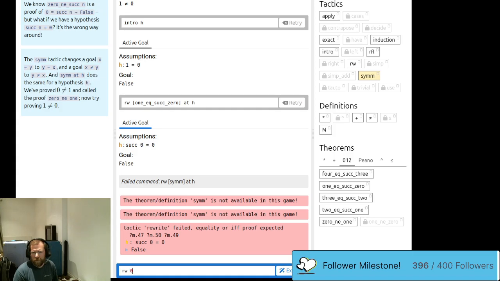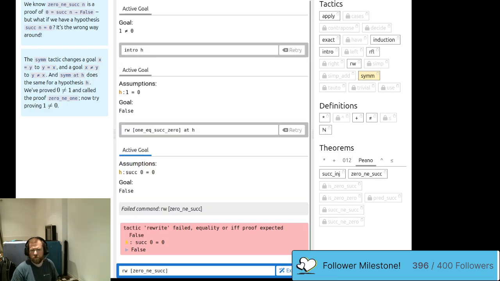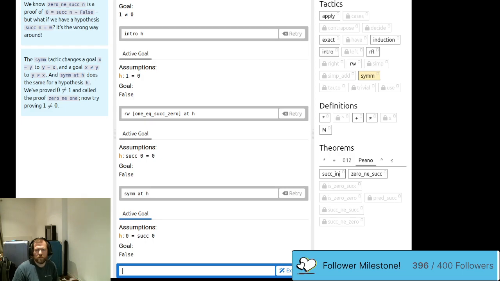Okay, so rewrite. Piano. Maybe. Yeah. Rewrite 0 not equal to successive. Boo. Right, it's the wrong way around. We already knew that. You did do it.